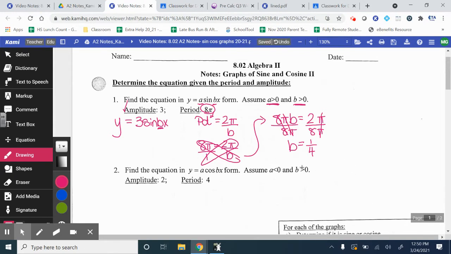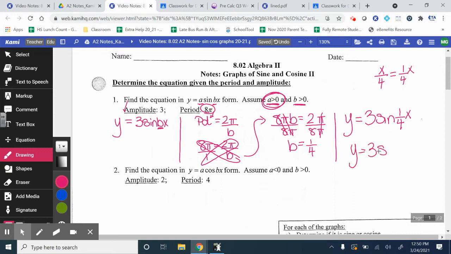So now I have y equals, and a was greater than 0, so a positive 3 sine, and for b, I'm going to put 1/4 x. Remember, we talked about last time, x over 4 is the same thing as 1/4 x, so you could write that either way. I could also write it as 3 sine x over 4. Either way is the same thing.